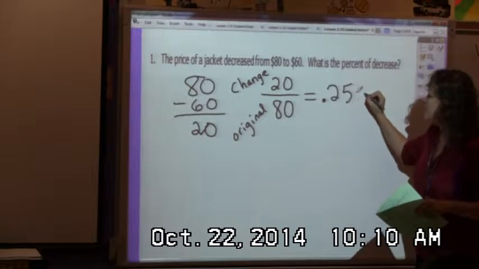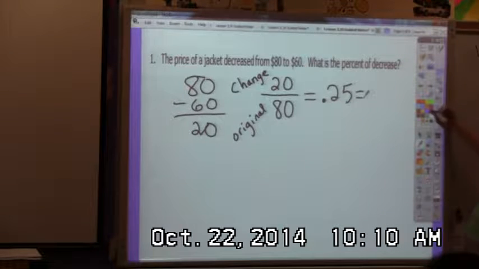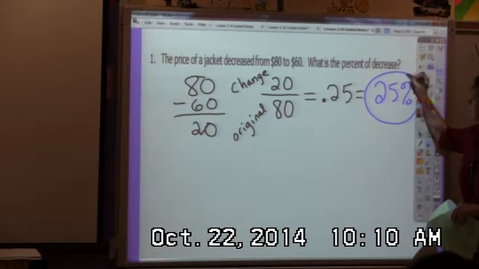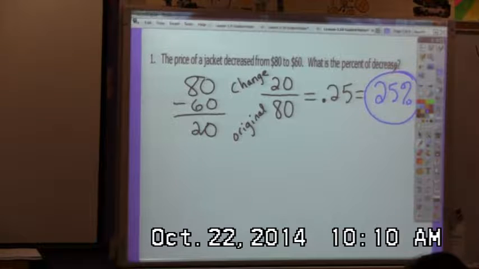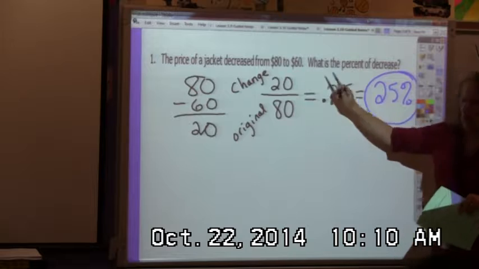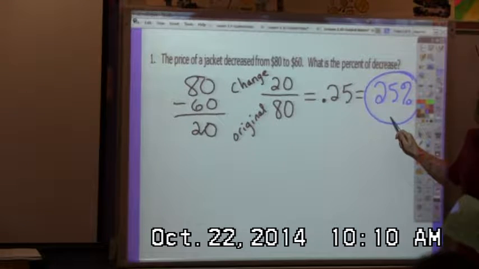And then the final step is write that as a percent. What is the percent for 0.25? 25%. All right. So for number 1, our price dropped from 80 to 60, and that's a 25% decrease.